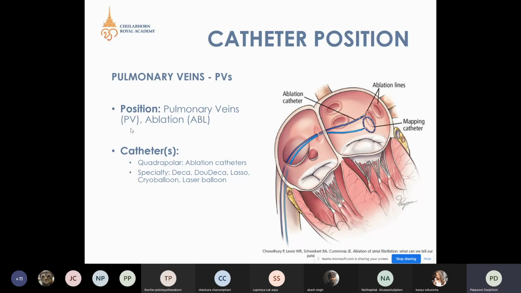So in atrial fibrillation, we often see that the doctor will do pulmonary vein isolation in order to create a line of ablation around the pulmonary veins, so as not to allow the abnormal signal from the pulmonary vein to go outside into the left atrium. Okay.